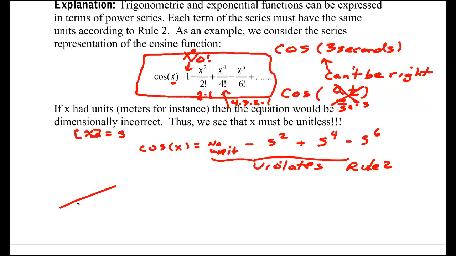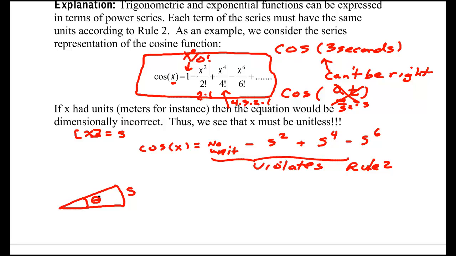The degree, it turns out, is not an appropriate thing for doing these type of definitions. And that's because it's not unitless. But there is a unit that is unitless for an angle.